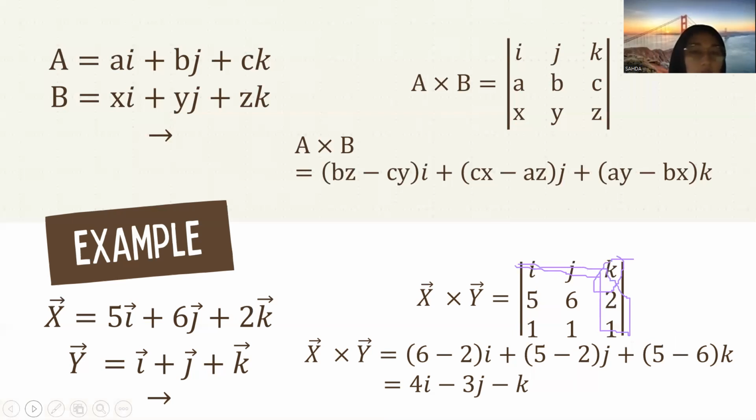So that will be 6 minus 2 is 4 for i hat, plus 5 minus 2 is 3 for j hat, and 5 minus 6 is minus 1 for k hat.